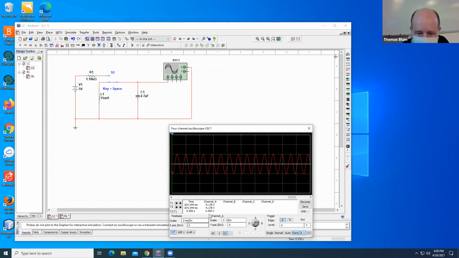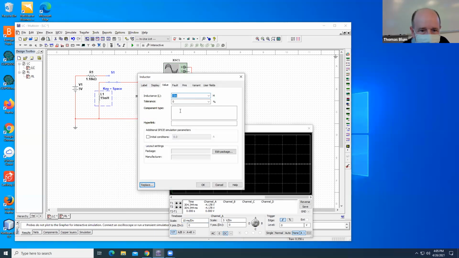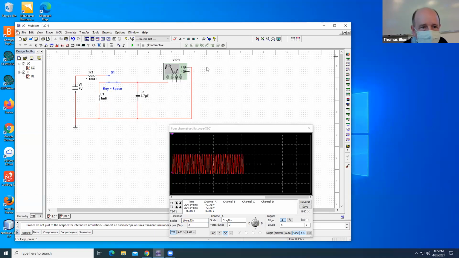And if we want, then we can play with the time constant and stretch it out or bunch it up. And let me go all the way down to like 1 millihenry, and turn it on.